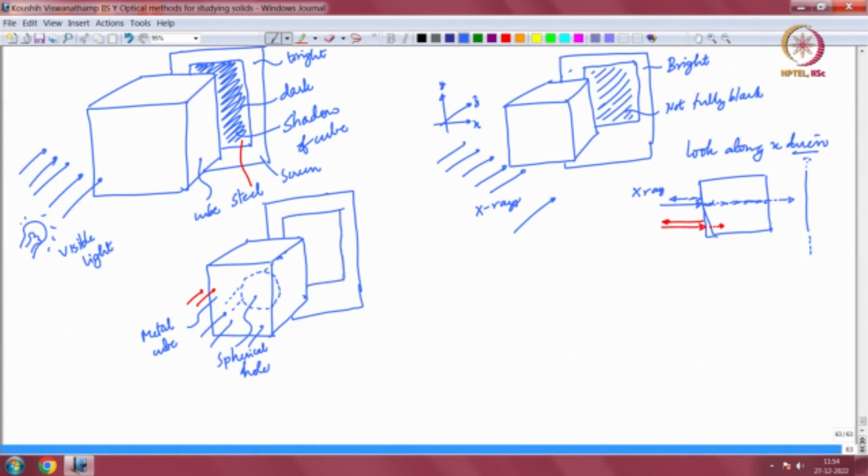Now, because the hole implies that certain part of the substance is not really absorbing as much as certain other regions, you will actually see a higher intensity in the middle. So, you will see darkish grey here and a lighter grey here, and this of course will be white or bright, as usual, if the object was not there.